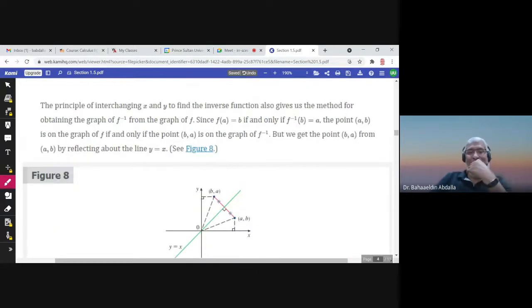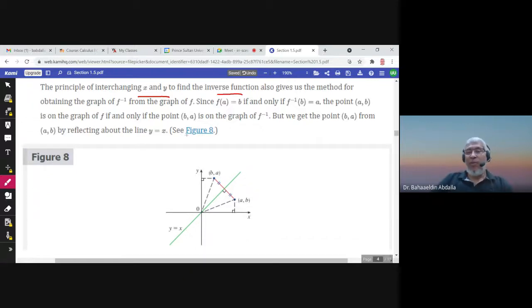x. Now, when we interchange x and y to find the inverse function, actually we have a point (a, b). If we have a point (a, b) on the graph of f, and we interchange x and y, then the point (b, a) would be on the graph of f inverse.